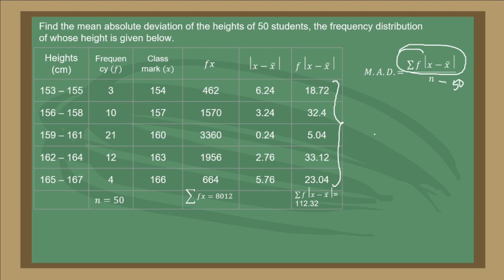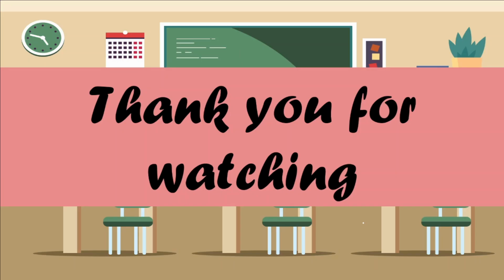So, substitute the values to the formula. We have 112.32 over 50. We are going to divide. The answer will be 2.25. The unit is centimeter. So, this is how we solve the mean absolute deviation. Thank you for watching.